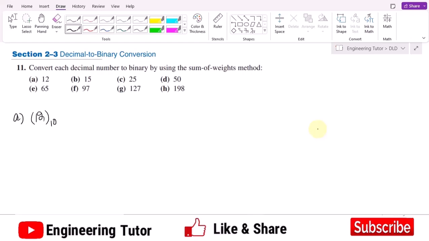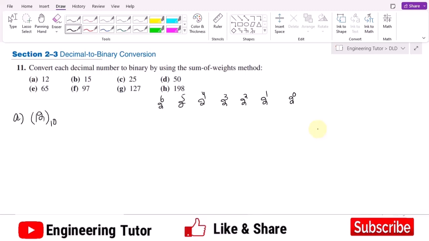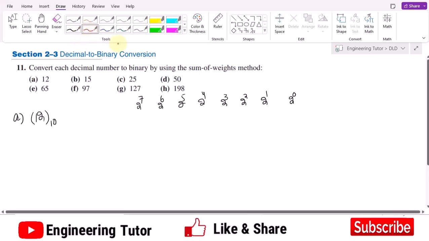Those weights basically start from 0, and those are the powers of 2, so 0, then 1, 2, 3, 4, 5, 6, 7. Okay, so these are different weights and their values.